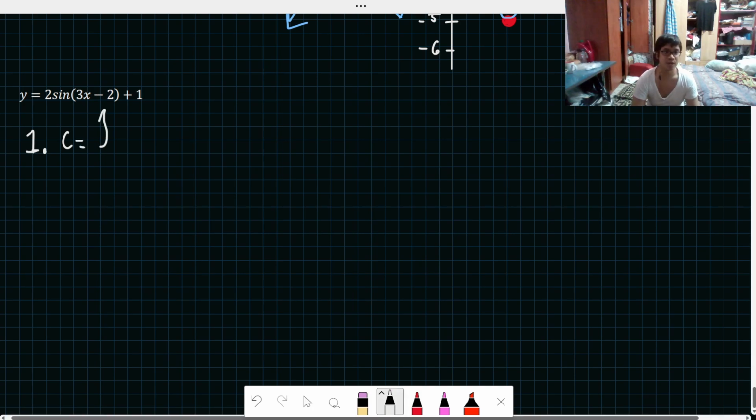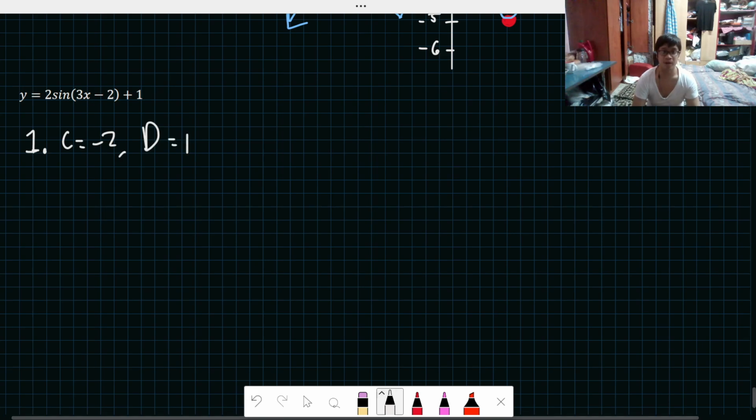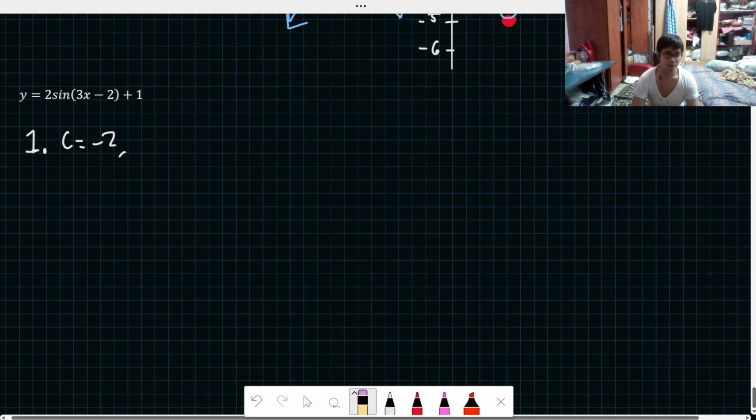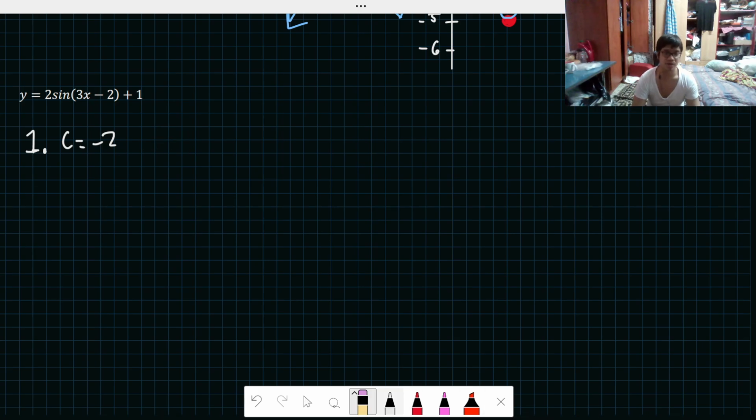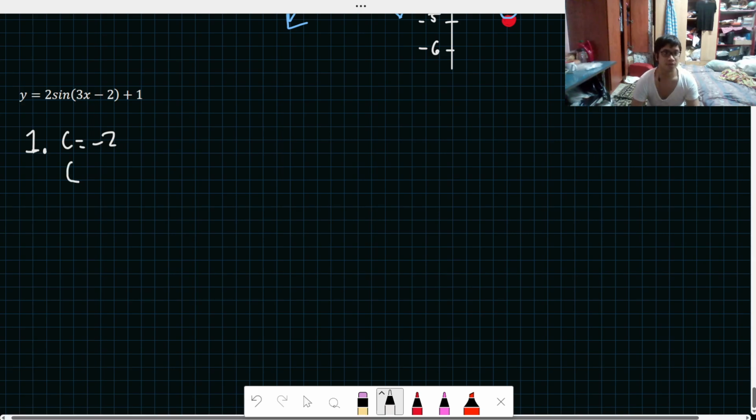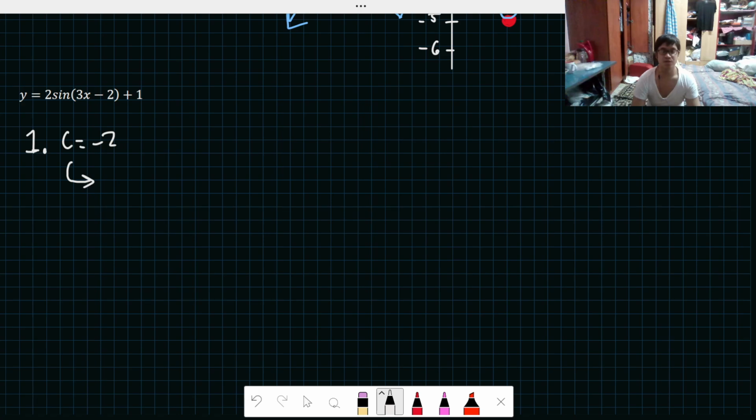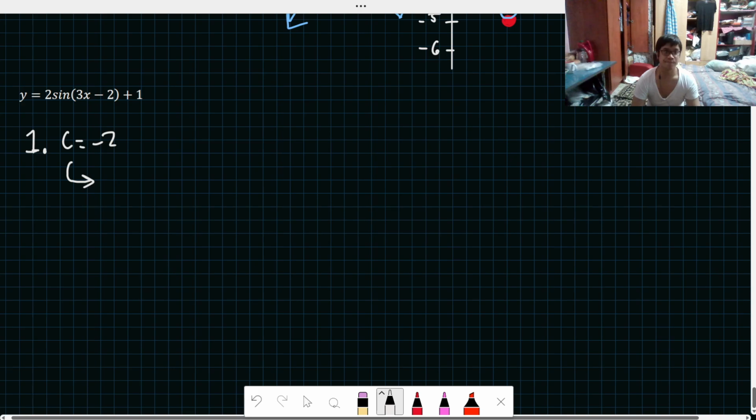Let's start first with your c. Your c here is -2, and your d here is 1. So what does it mean? Let's go slowly for your c. Since your c is -2, what does it mean?